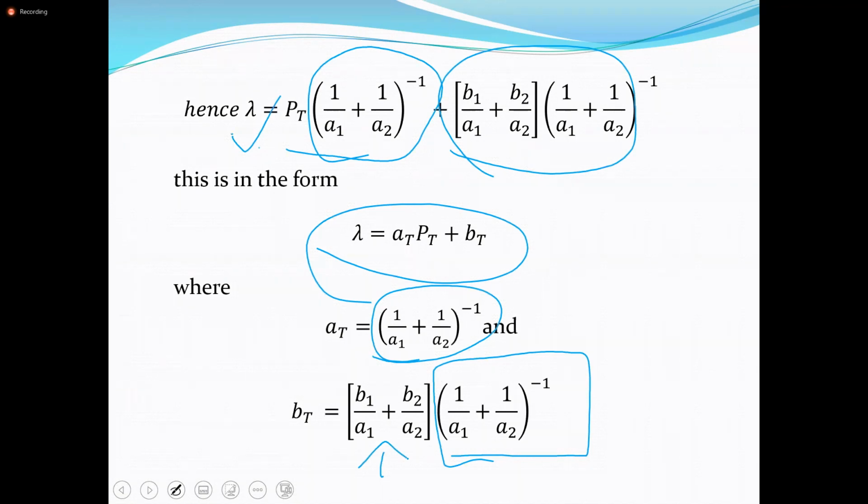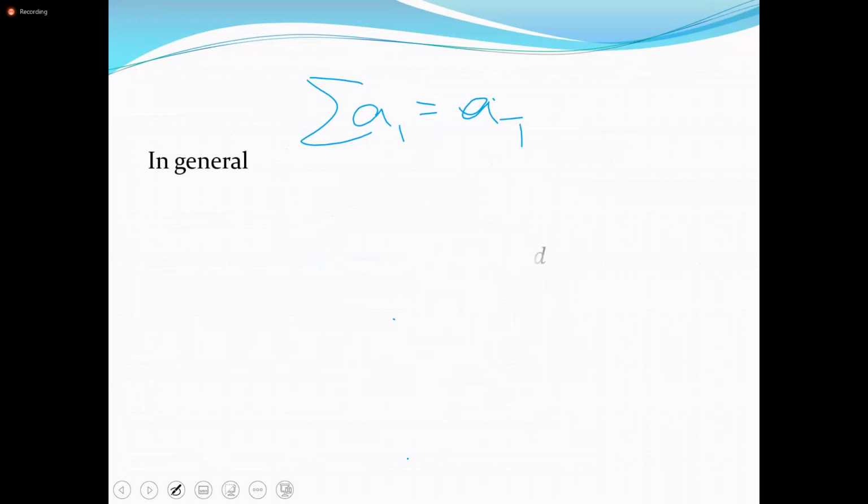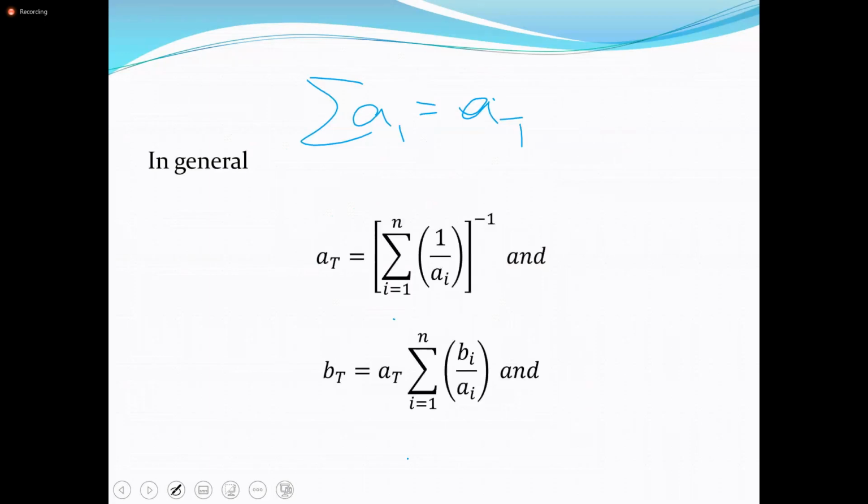So BT is AT times B1 over A1 plus B2 over A2. So the general expression is that BT is all of this, which is AT, times this.